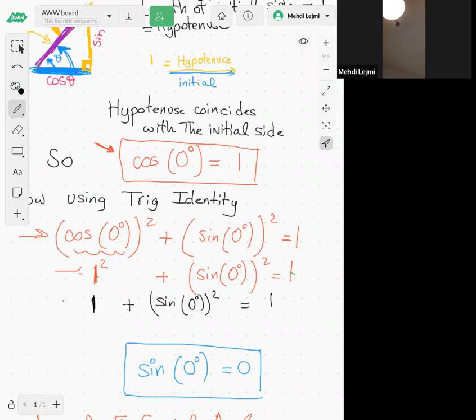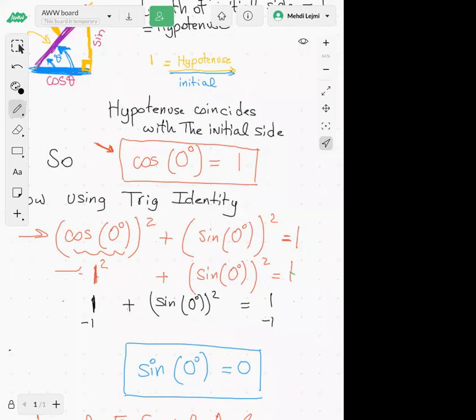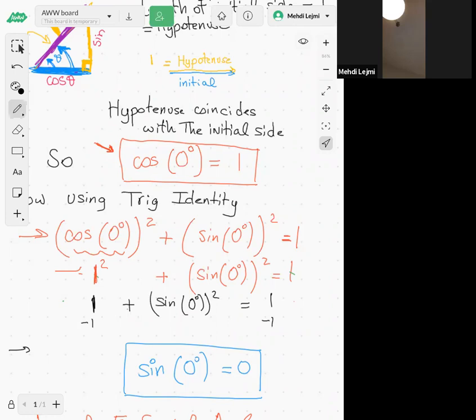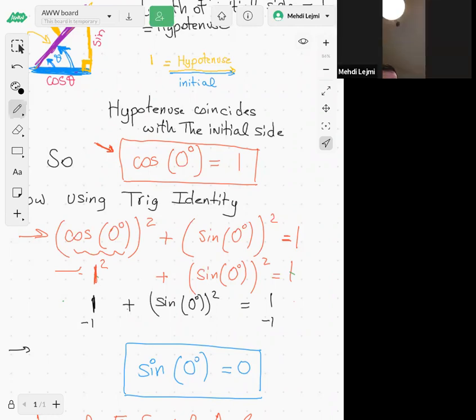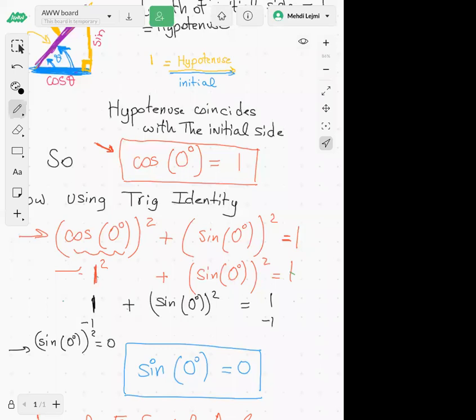Then I'm gonna subtract 1 from both sides. If you subtract 1 from the left, you have to subtract 1 from the right, you have to do the same thing on both sides. So then you end up with sine of the angle 0 squared equal to 0. And then you take the square root.